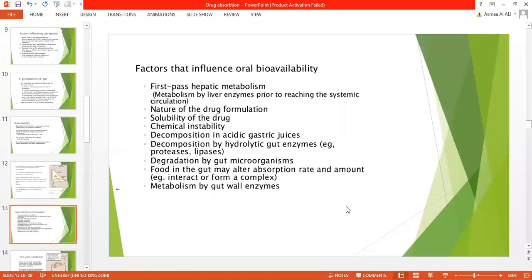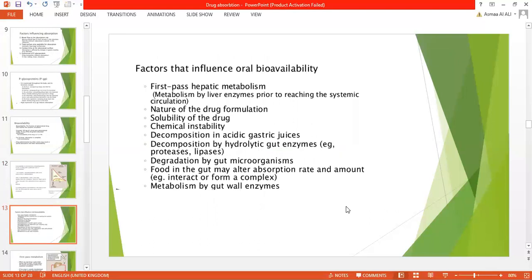Factors that influence oral bioavailability include first pass hepatic metabolism, nature of the drug formulation, solubility of the drug, chemical instability, decomposition in acidic gastric juice, decomposition by hydrolytic gut enzymes, degradation by gut microorganisms, and food in the gut, which also may alter absorption rate and amount.